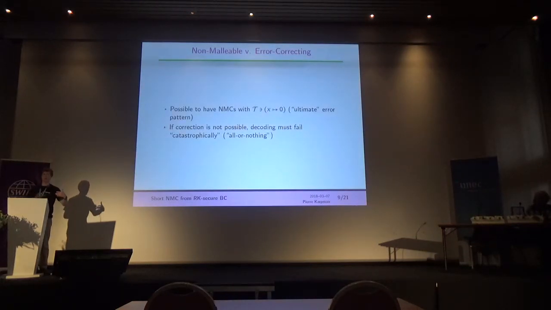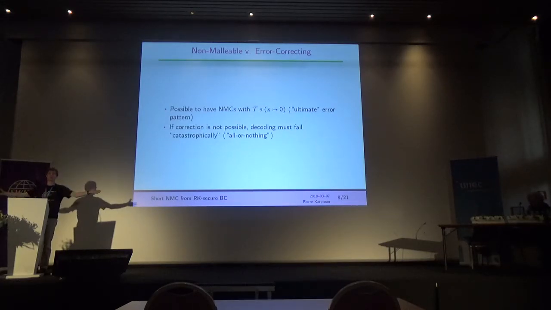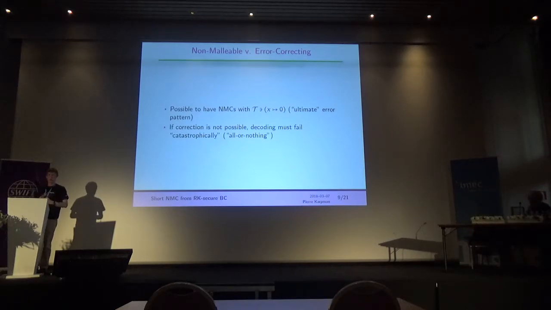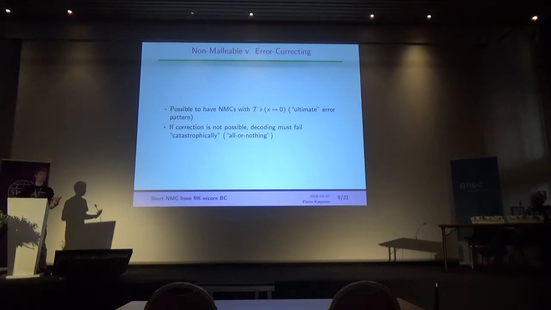On one hand, with an NMC, you can have something that is functional even if you allow very powerful error patterns where the error is just giving the zero code word. With a classical error-correcting code, if you have such powerful errors, you cannot really do anything. But on the other hand, the requirement of the NMC is that if you cannot correct the error, then the decoding must really be something unrelated to the original thing, so it's kind of a catastrophic failure of the decoding. You don't get something that is even close to what you originally had.